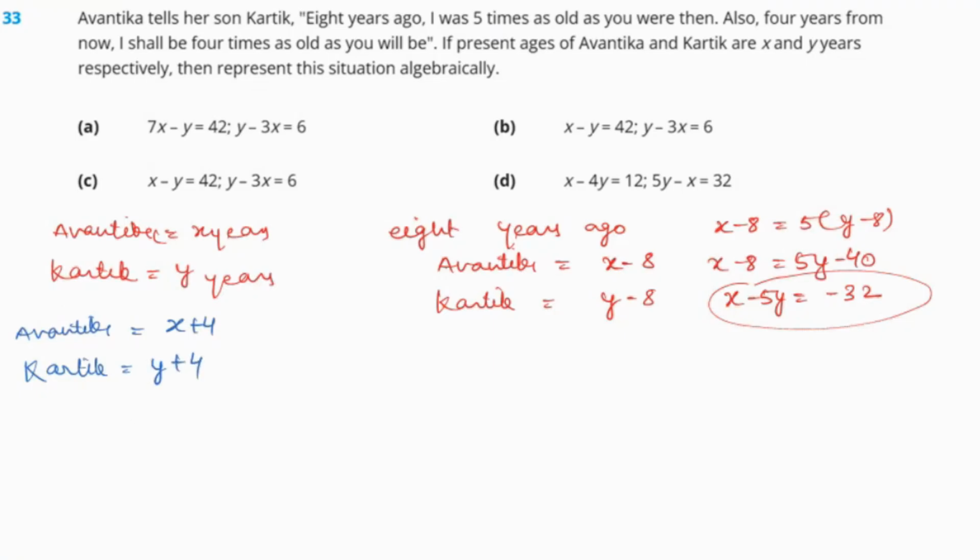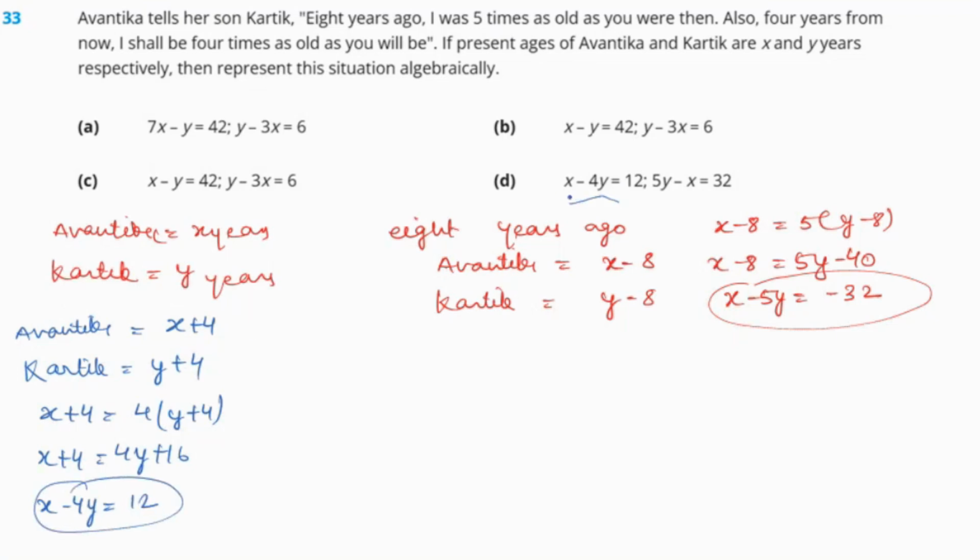Correct? The problem states that Avantika will be 4 times as old as Karthik. So X plus 4 should equal 4Y plus 16. So X minus 4Y should equal 16 minus 4. That gives us 12.